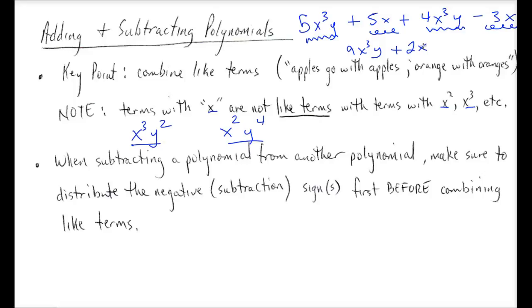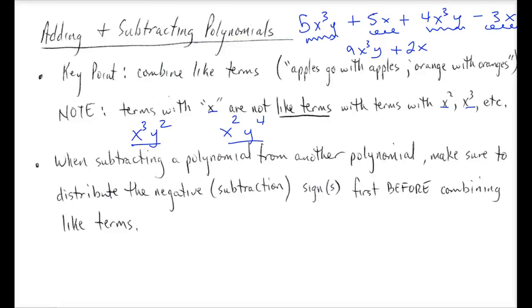So if we have that type of situation, then we need to make sure that we distribute the understood -1 across all the terms that come after the subtraction sign, so that we can make sure that we're subtracting every term of that particular polynomial from the one that comes before the subtraction sign.